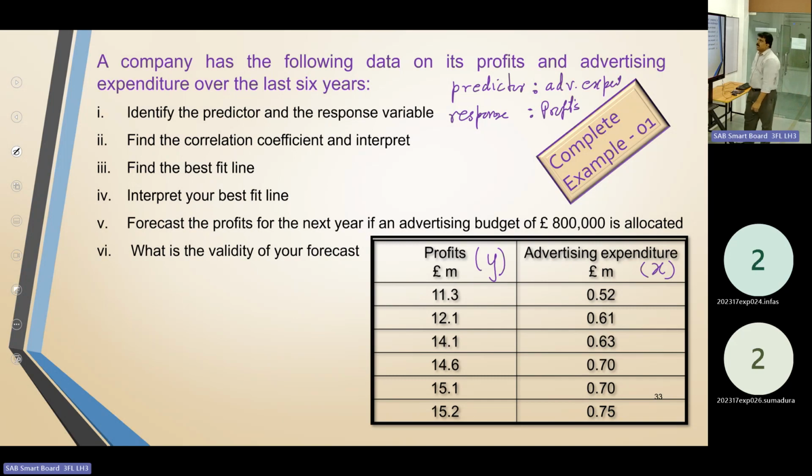Then the first part, they are asking us to calculate the correlation. The correlation formula is there, so you can use whichever one you feel is easy. The second one is easy actually.